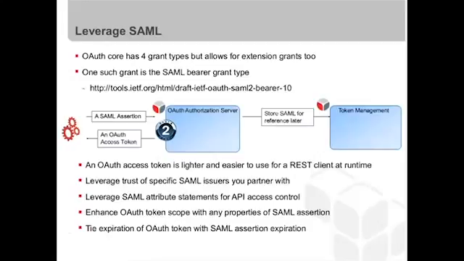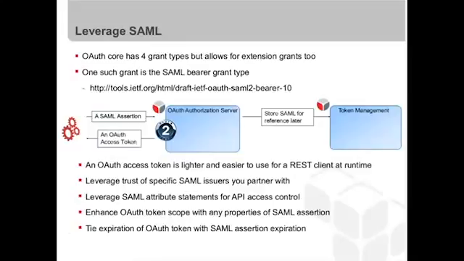But the idea is that the OAuth authorization server needs to be able to consume this incoming SAML assertion, and it needs to create an OAuth access token that relates to the properties of the SAML assertion. For the client application, having an OAuth access token is much lighter weight, and it's much easier to use for REST interaction at runtime.